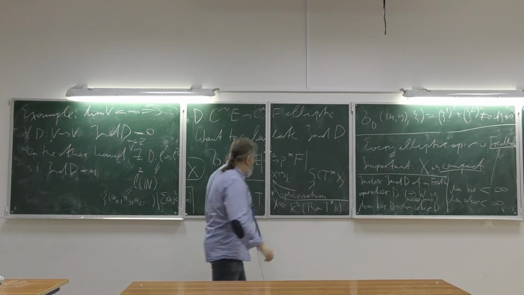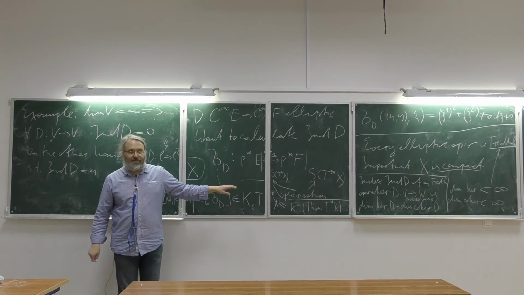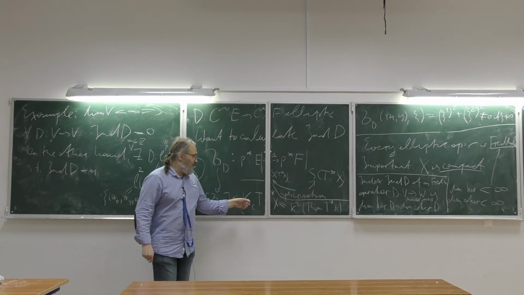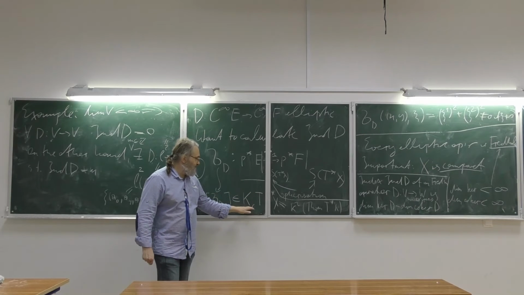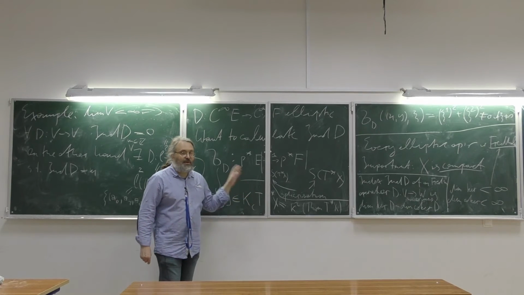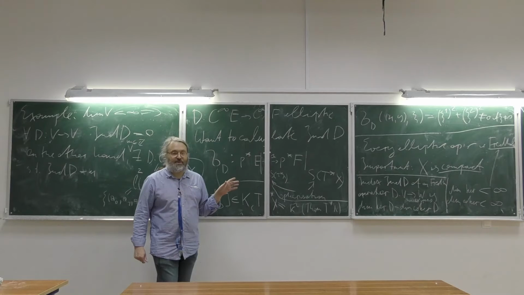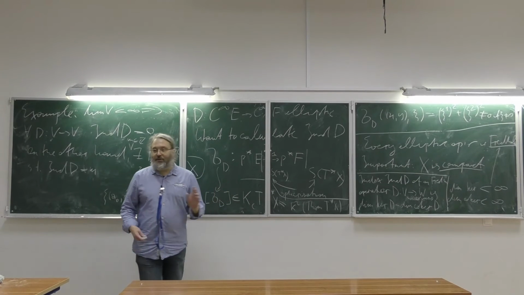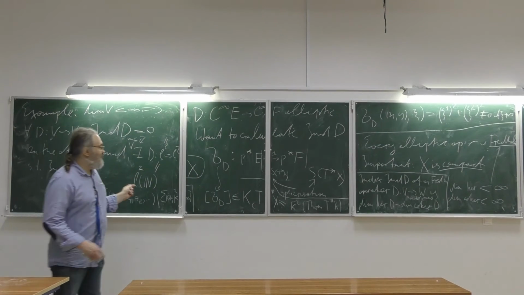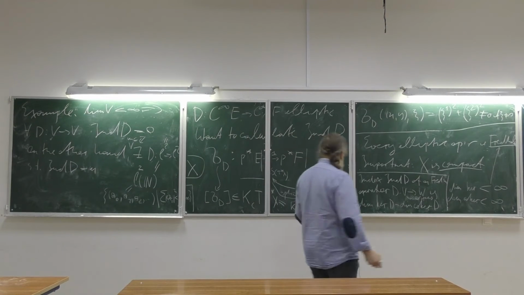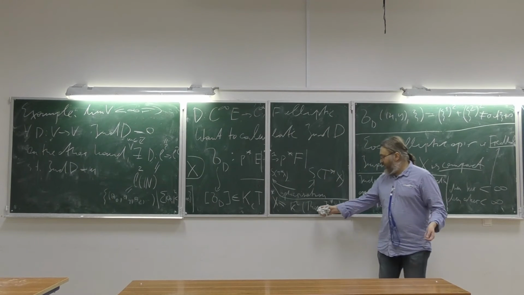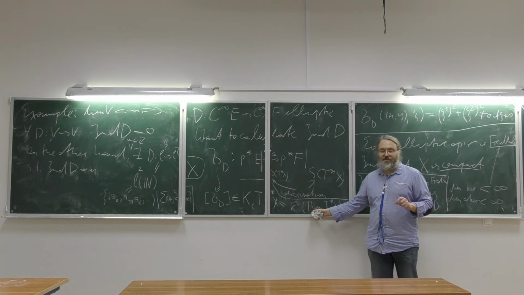Now, let's see whether or not we understand all the words. Does the word K theory with compact support make any sense? No. Okay. So, okay. Does the Thom space make any sense?